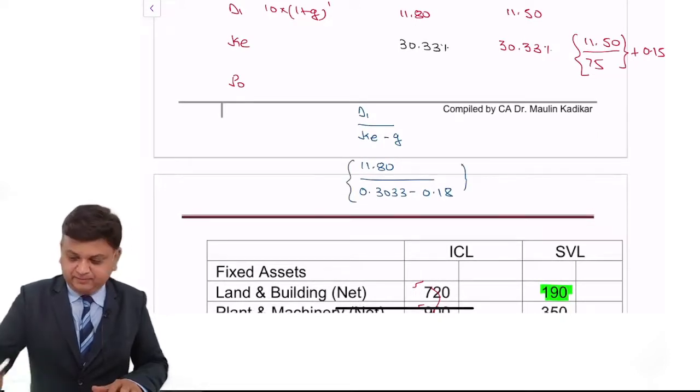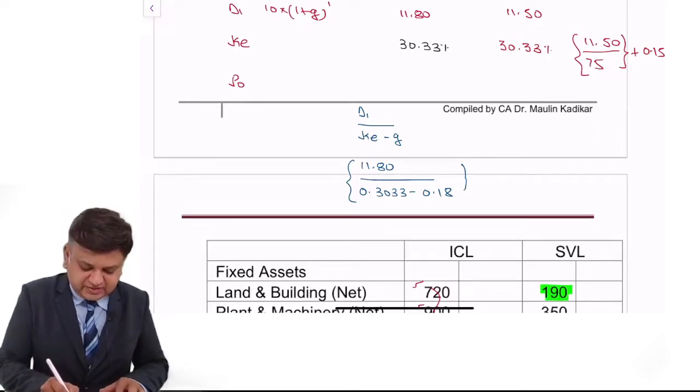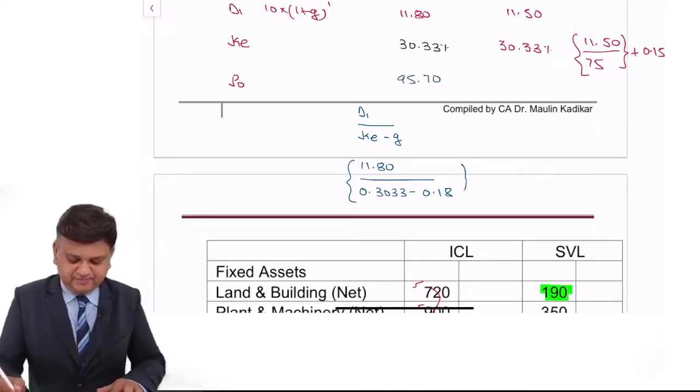So the answer would be 11 rupees 80 paise divided by cost of equity minus growth rate. That comes to 95 rupees 70 paise.